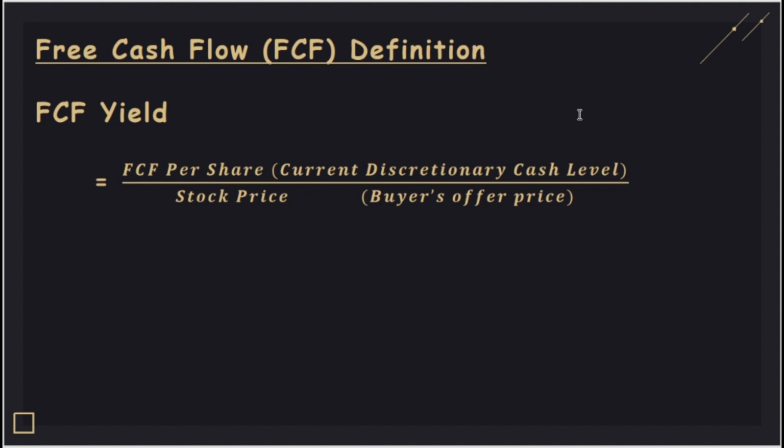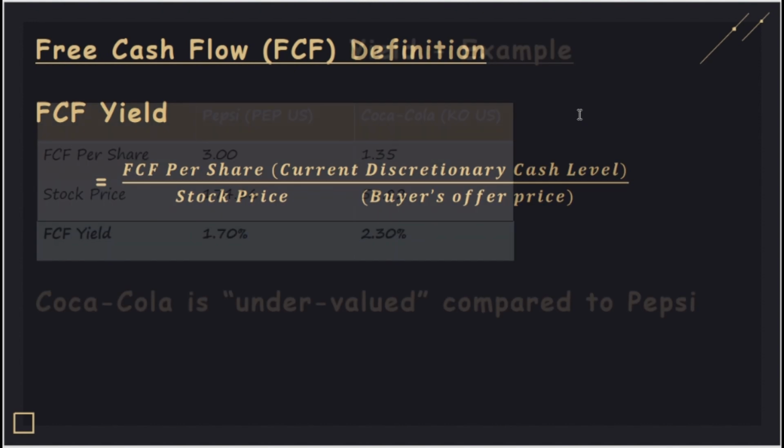So if one company's free cash flow yield is significantly lower than the other one that runs a very similar business, it would mean the company is being overvalued, with the other one being undervalued.